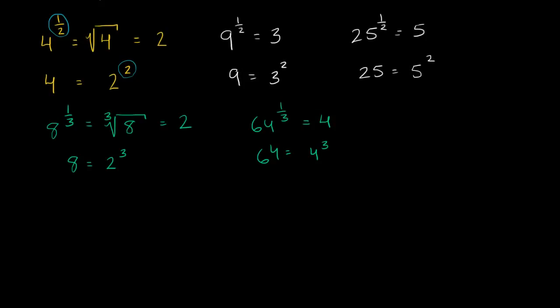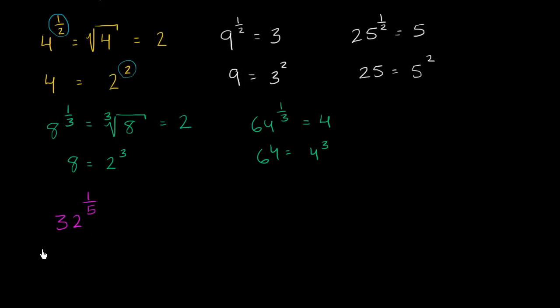So what happens if I were to raise, let's say, let me think of a good number here. So let's say I had the number 32, and I raise it to the 1/5 power. So this says, hey, give me the number that if I were to repeatedly multiply that number 5 times, I would get 32.